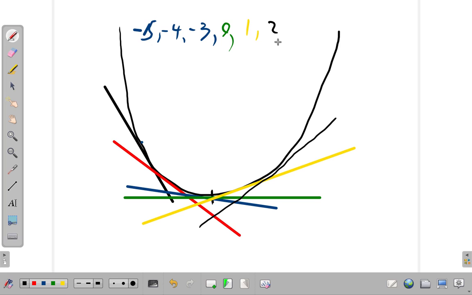So the gradient constantly increases. The first derivative is telling you the gradient at a certain point. The second derivative is telling you the change in the gradient. Remember, we move from left to right. If the change in the gradient is positive, it means the gradient is increasing, becoming more and more positive.